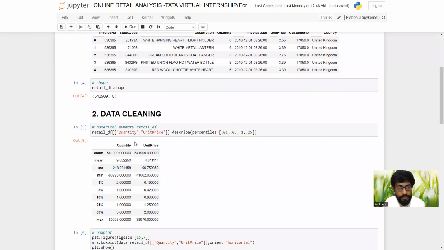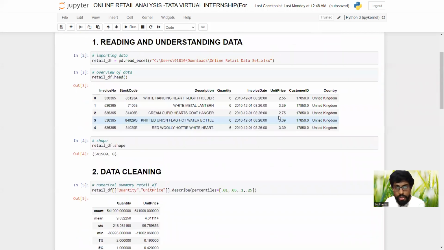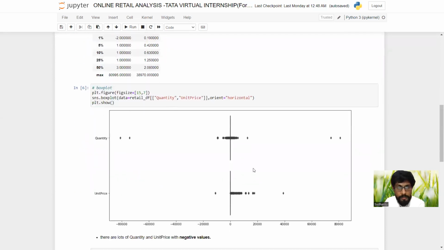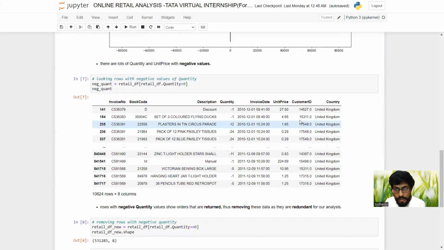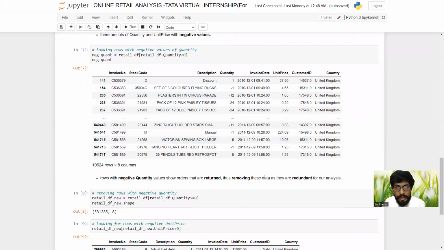The cleaning strategy we performed: when we looked at the numerical columns, we found that there are many negative values, in quantity and even in unit price. When we looked at the quantity, we found that these negative values are for products which were returned by the customers.